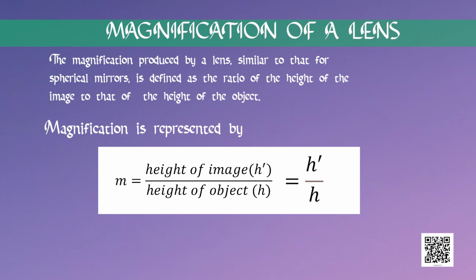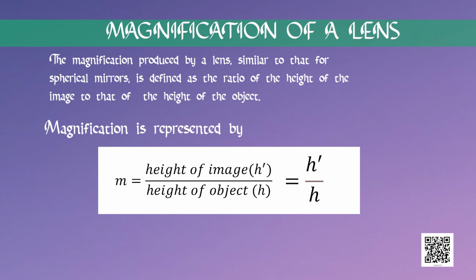Magnification of a lens. The magnification produced by a lens, similar to that of spherical mirrors, is defined as the ratio of the height of the image to the height of the object. Magnification is represented by small letter m.